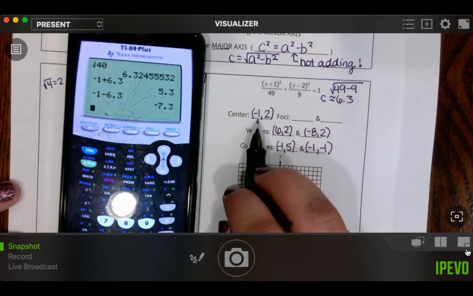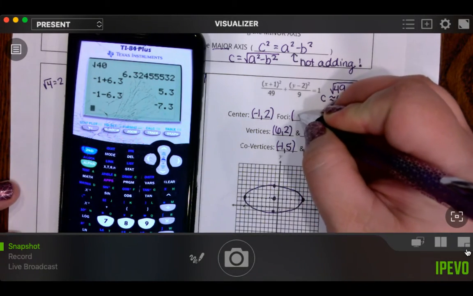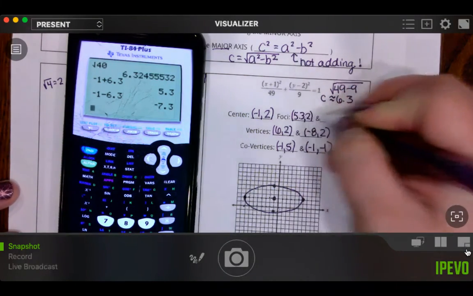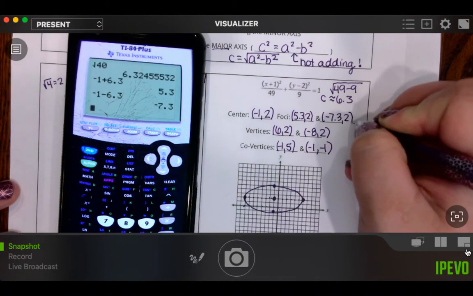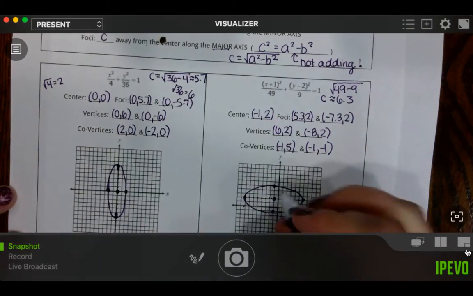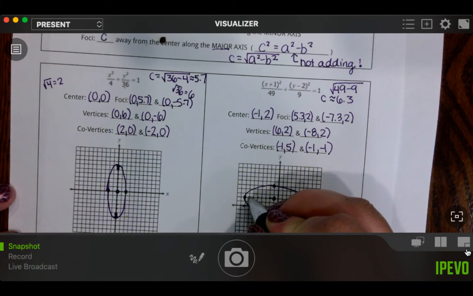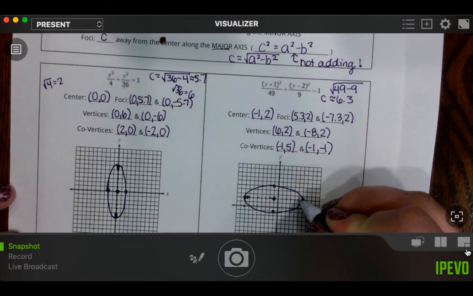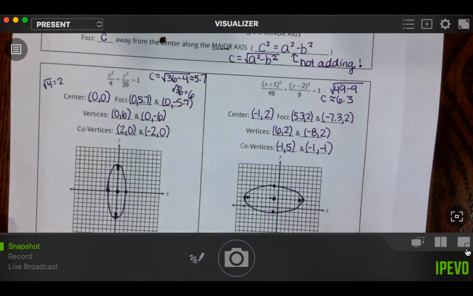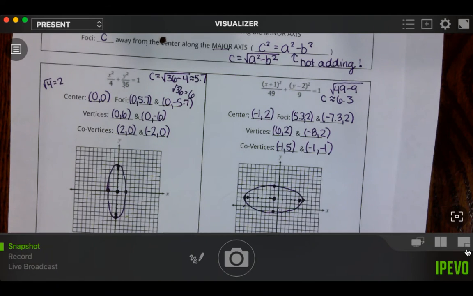Again, I'm changing the x values because my major axis is the x's on this one. And the y value stays at 2, which means I'm going 1, 2, 3, 4, 5, 6 and a third, and 1, 2, 3, 4, 5, 6 and a third. So the foci are just barely on the inside of the ellipse. And that's all, folks.